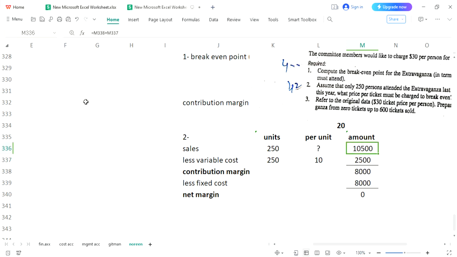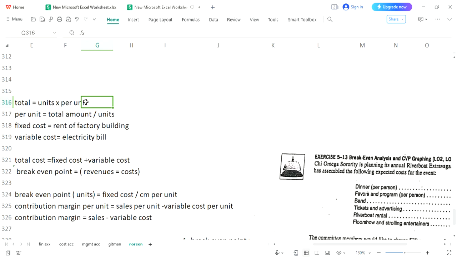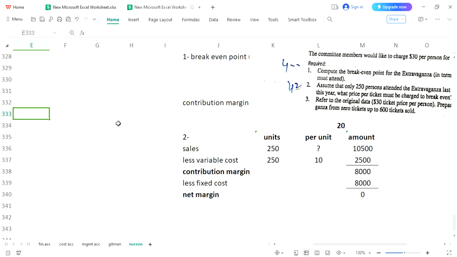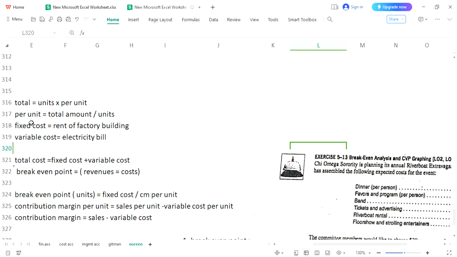Now again come over here, why have we written these formulas? If you want to calculate your total amount, you will multiply units and per unit. If you want to calculate your per unit, you will divide total amount by units. Please memorize this formula. Here we want to calculate per unit, and the formula is total amount divided by units.